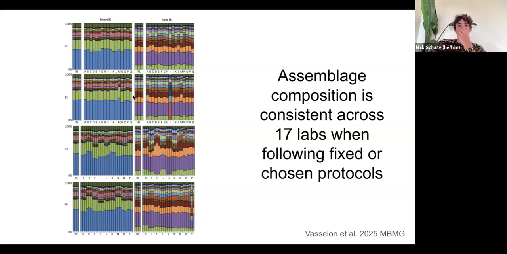Extraction on top, second is PCR protocol, and outside of one lab that had an error, there's a very similar community composition of diatoms from river and lake samples. And then when labs were allowed to use their own DNA extraction method, you still see incredible similarity across those labs. And same thing for their own PCR processing. So composition is robust to all.